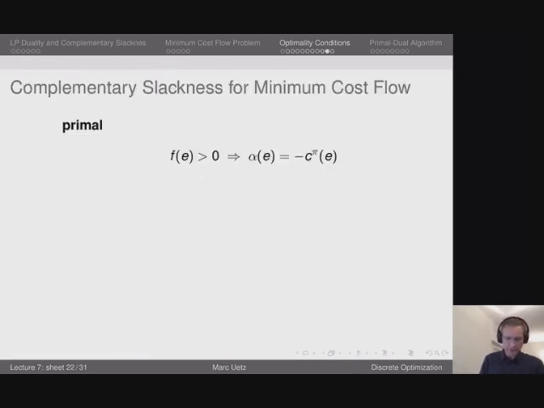Okay, so let's write that down. Primal complementary slackness: when the primal variable is strictly positive, the corresponding dual constraint is fulfilled with equality. But this equality here can only be fulfilled if the corresponding reduced cost variable is non-positive, right?